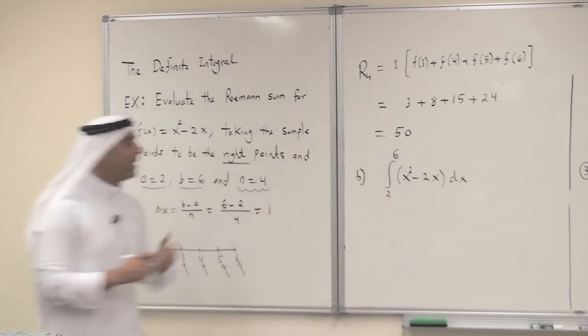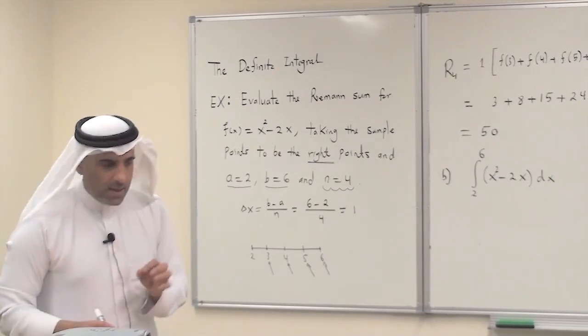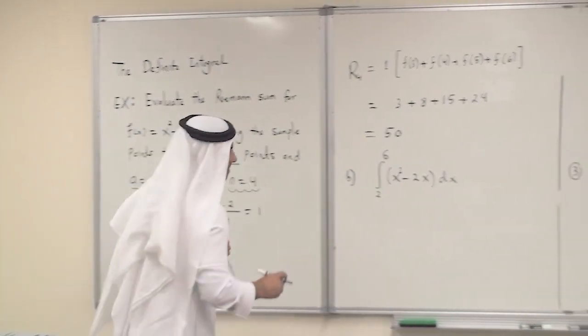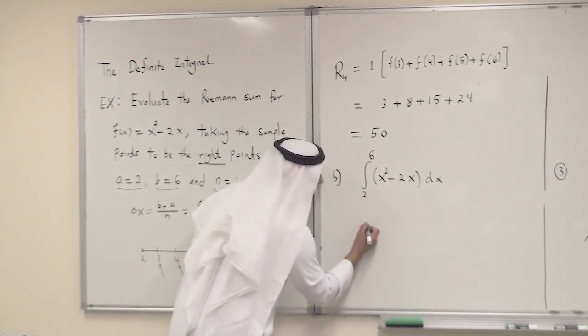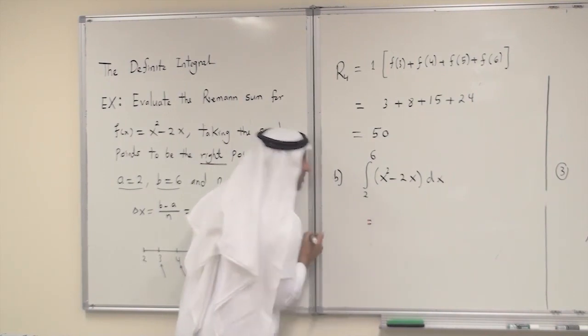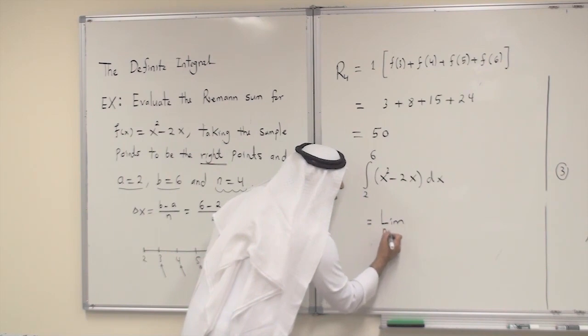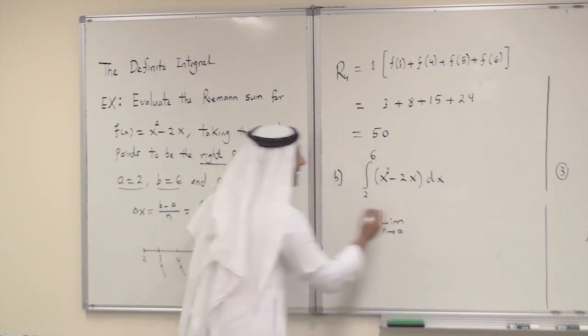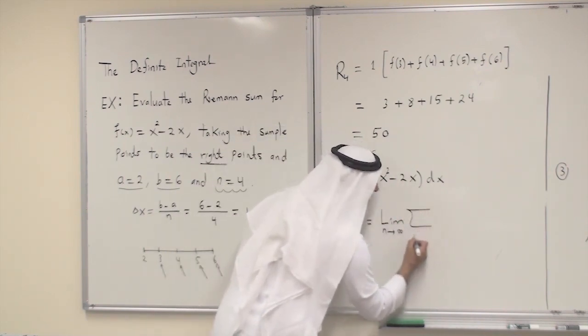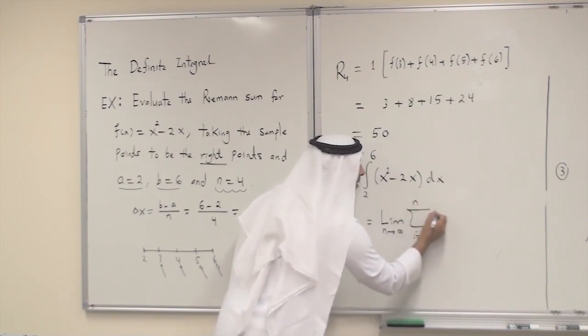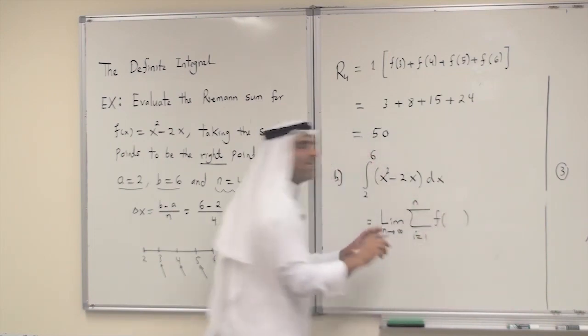What does it mean, the definite integral now? If you go back to the definition here, we define the definite integral to be the limit as n goes to infinity of the summation from i equal to 1 up to n of f of xi star.